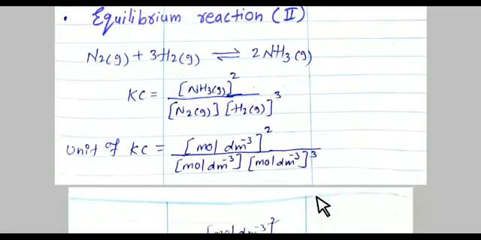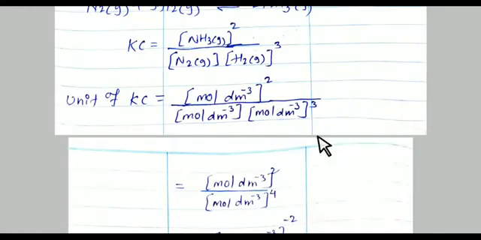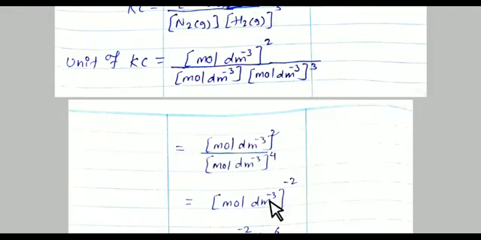So what is remaining here? Here the coefficient is 3, here the coefficient is 1. So in the denominator it will become mole per decimeter cube raised to 4. And in the numerator we already have mole per decimeter cube squared. So the square and the 4 will cancel. What is remaining in the numerator, and what is remaining in the denominator? In the denominator mole per decimeter cube squared remains.